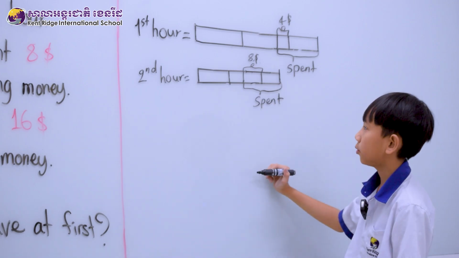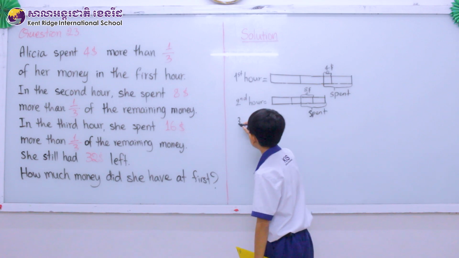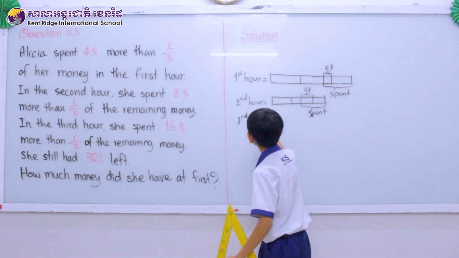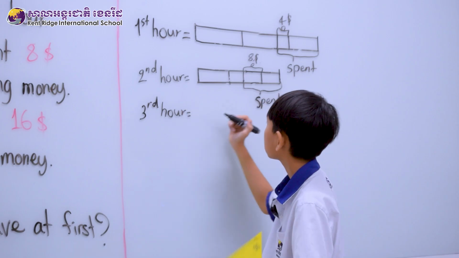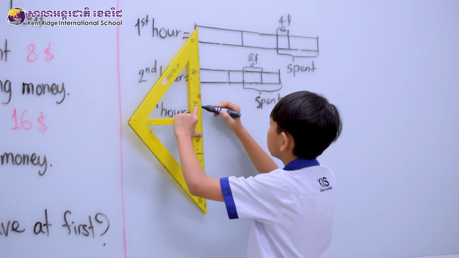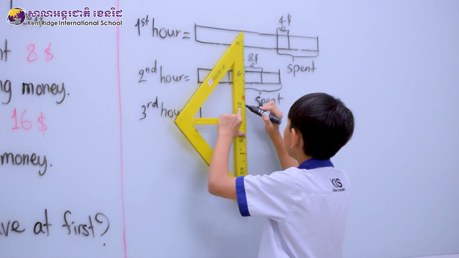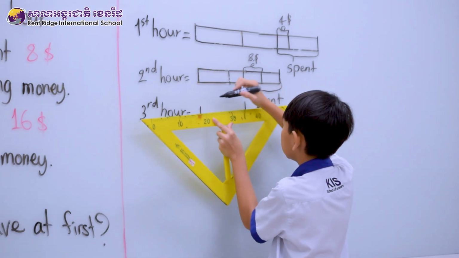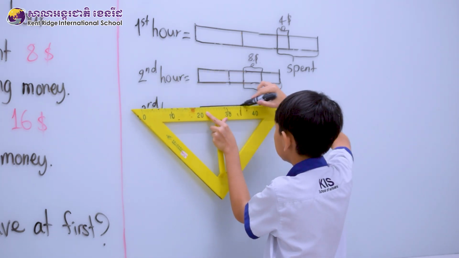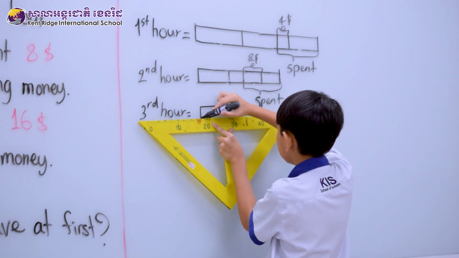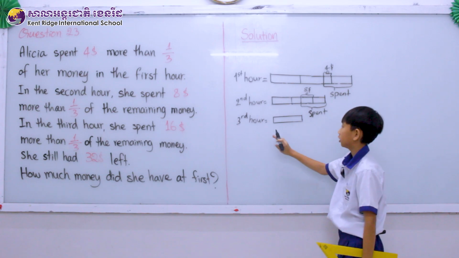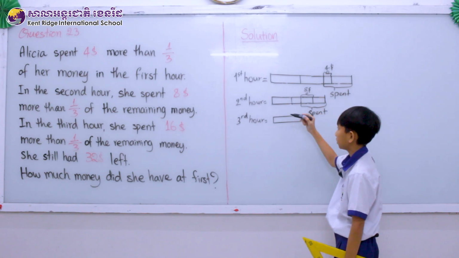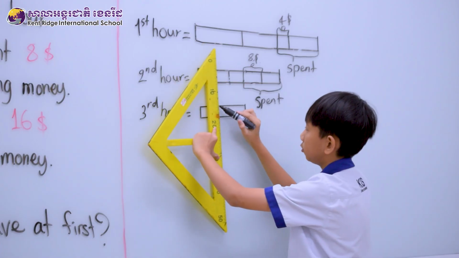After drawing our second model, draw our third model. Same with the second model, we have to make the third model the remaining money from the second hour. Now let's divide it into 3 parts.